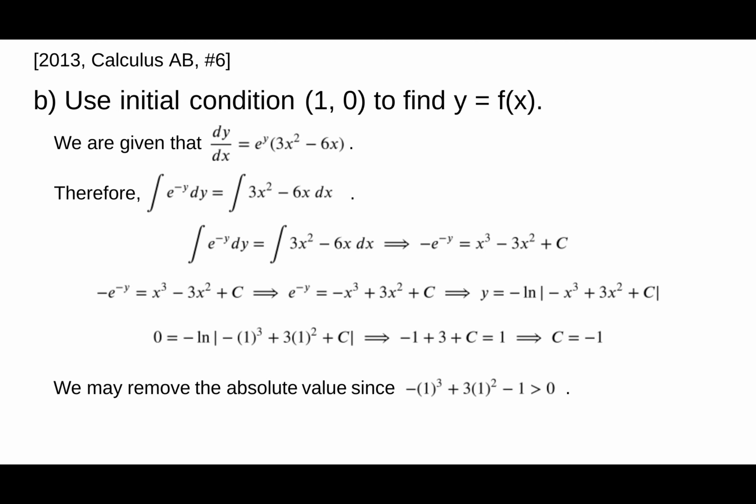Now, because our x value is 1, when we plug that in, the expression -x³ + 3x² - 1 is still positive. So as far as our solution is concerned, because it has to go through the point (1, 0), and at 1 the expression inside the logarithm is already positive, we may omit the absolute value.